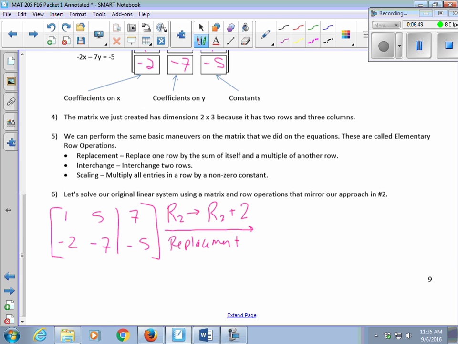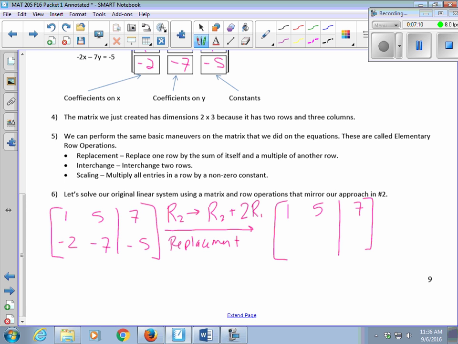Yeah. 2 row 1. Okay. Now keep in mind that row 2 is the only one getting replaced. Right? Row 2 is going to get replaced with some stuff, but row 1 is not changing at all. So you just copy that down before you even do any work.